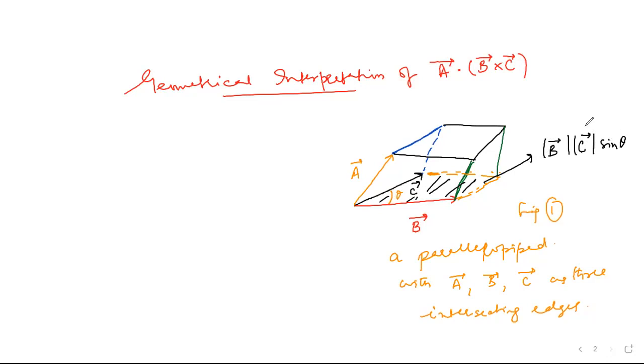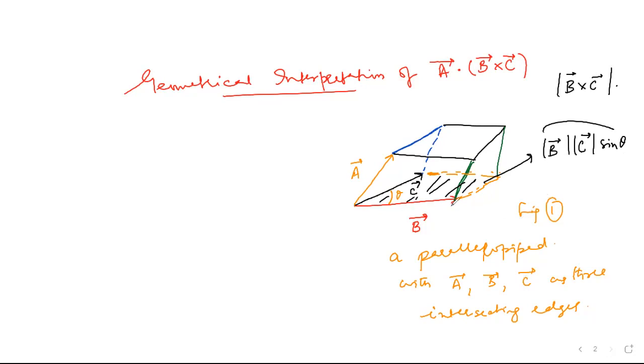As I said, the magnitude of B cross C is the area of the parallelogram with the two vectors as adjacent or intersecting sides. So this base has area BC sine theta, which is just the magnitude of the B cross C vector, right?